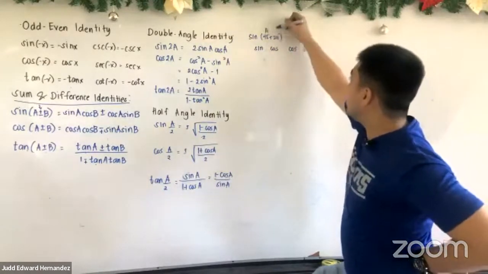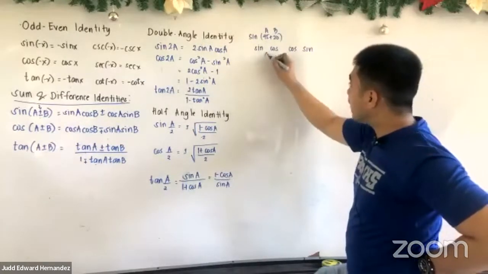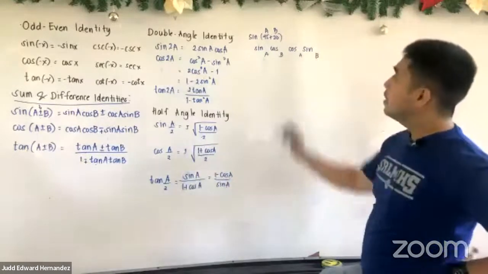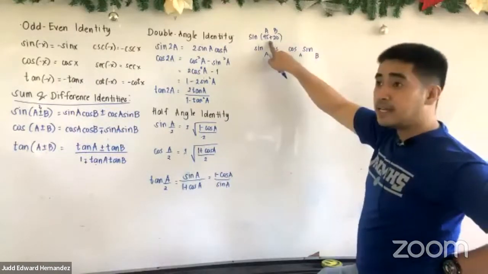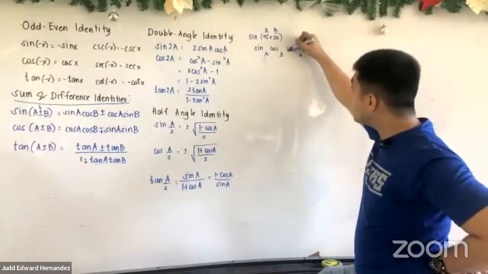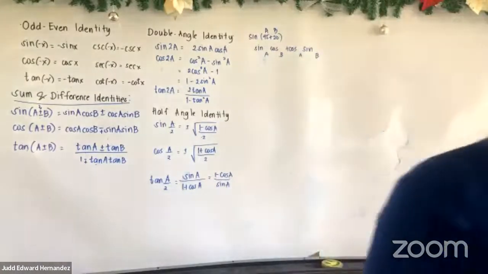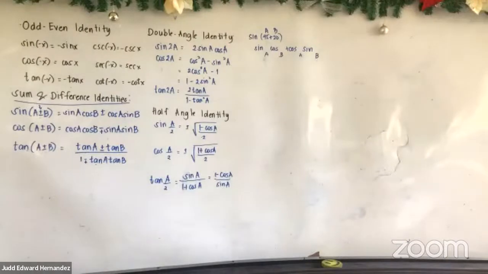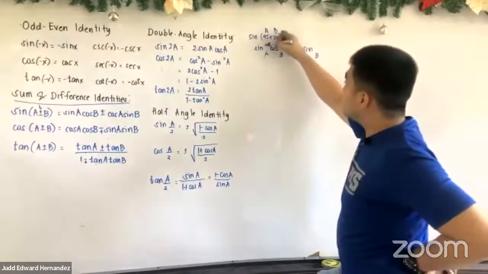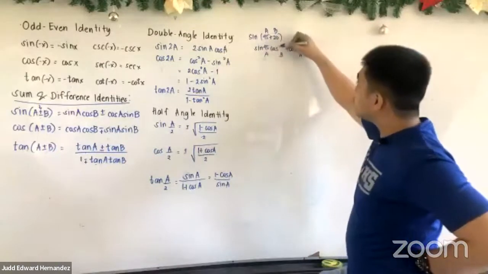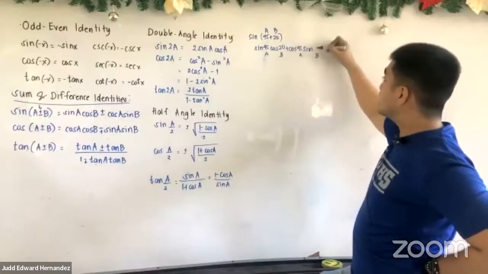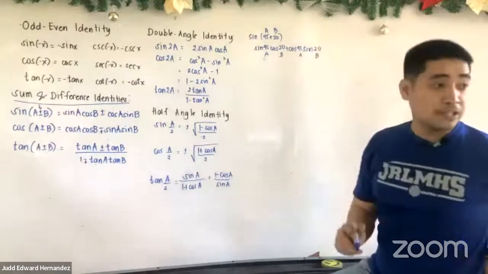This is angle A, this is angle B. Since the sign between 45 and 20 is plus, that becomes plus. Tama po ba? Yes or no? Yes po. Okay. And since this is sine A, it becomes sine 45 cosine 20 plus cosine 45 sine 20. And that is the expansion.